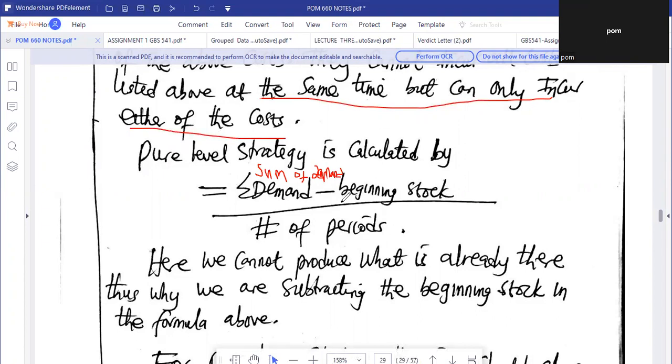Okay, so it's the sum of demand minus the beginning stock over the number of periods. This is how you find the pure level strategy.